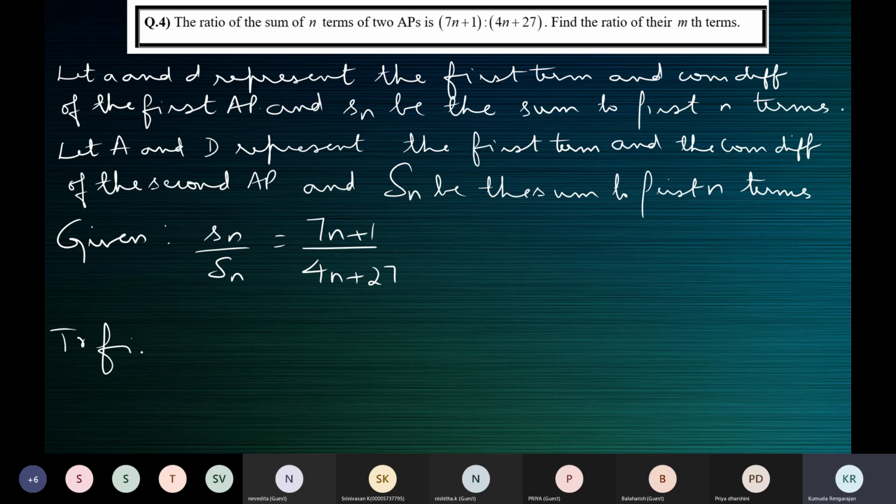And we need to find the ratio of the mth terms, Am by A'm. Please acknowledge if you finished writing.